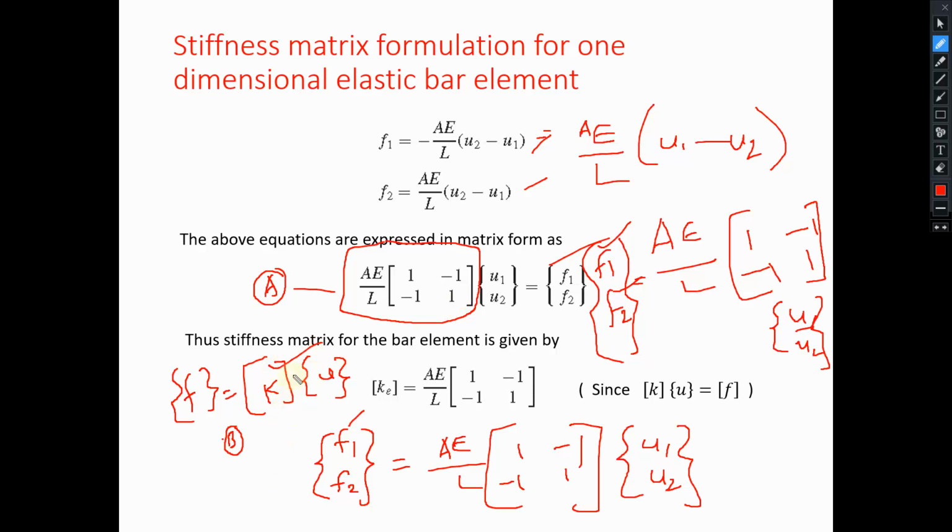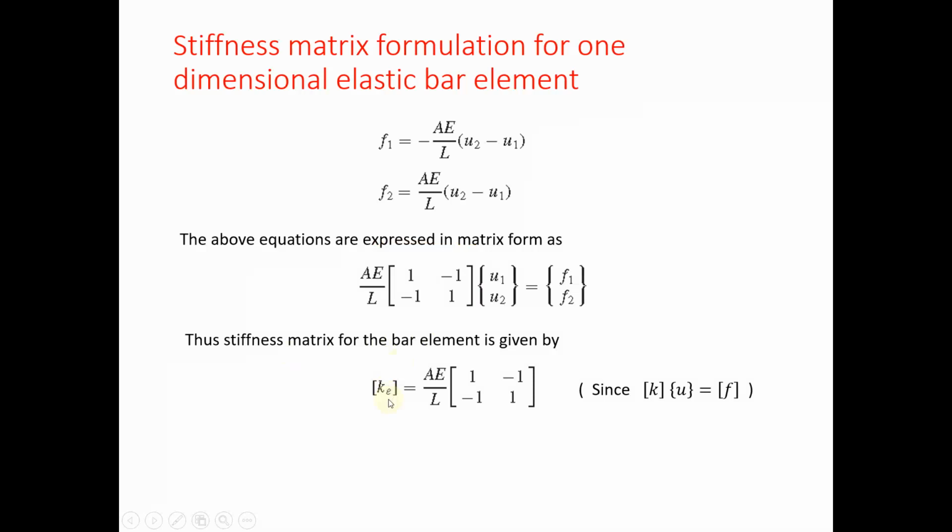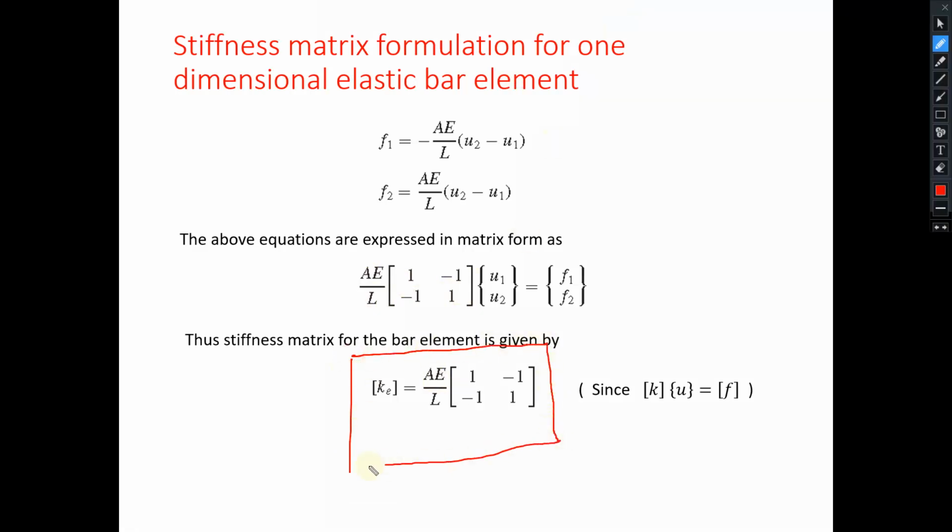So that is the stiffness matrix K. So we can write stiffness matrix K for the element, bar element is equal to AE by L into [1 -1; -1 1]. So this is the derivation, the final equation for stiffness matrix for a one-dimensional elastic bar element. Elastic allengil ee കാര്യങ്ങളെല്ലാം change ആവും. So that is why we specifically say it is a one-dimensional elastic bar element.